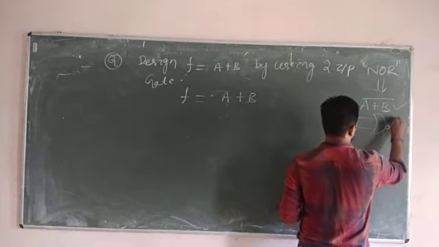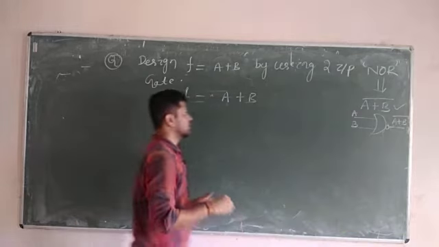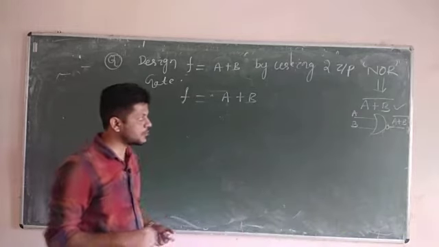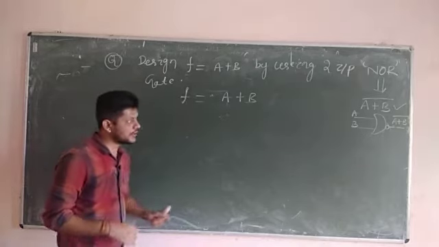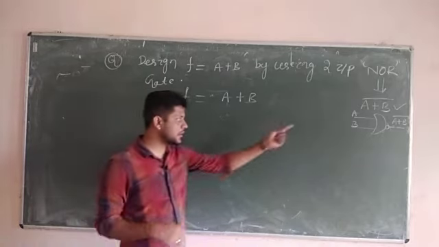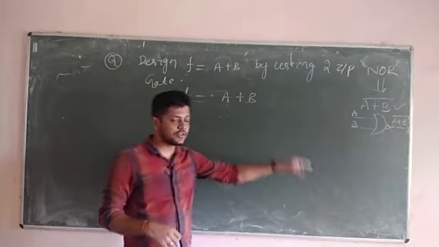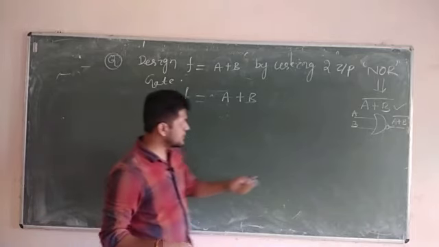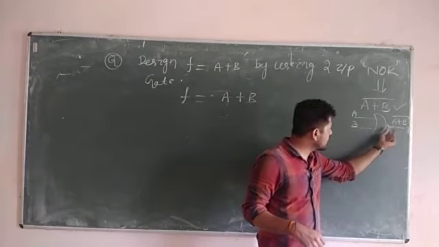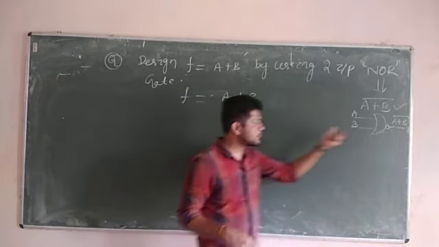That means this gate is the combination of OR and NOT, and this gate finally produces the output a or b whole bar. So I have written there the expression is a or b whole bar, and this is the symbol for this NOR gate circuit. So I am going to implement this expression by using NOR gate.